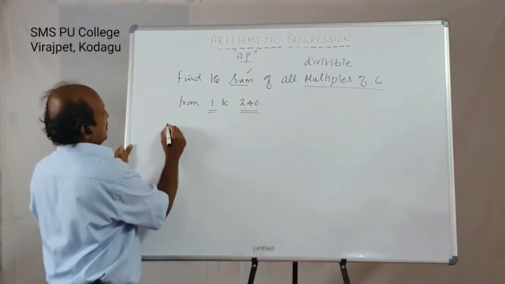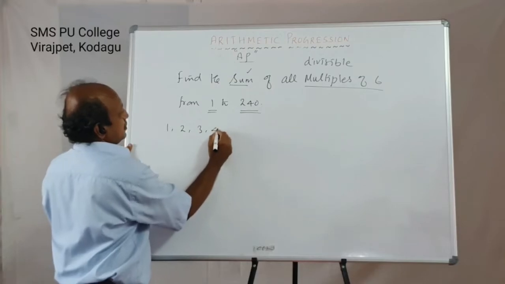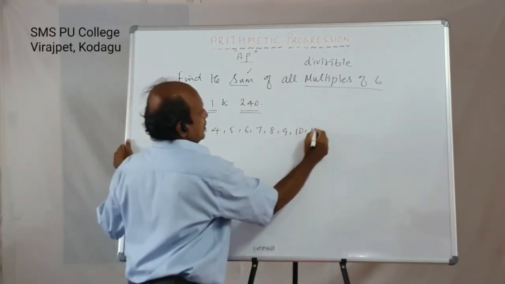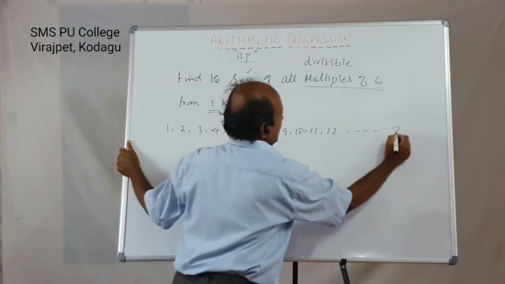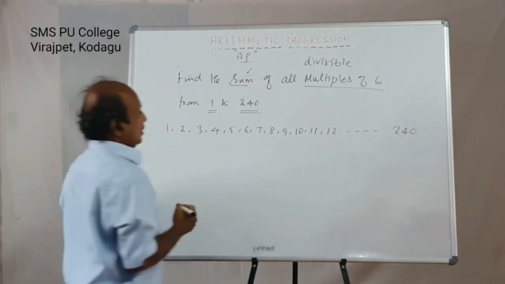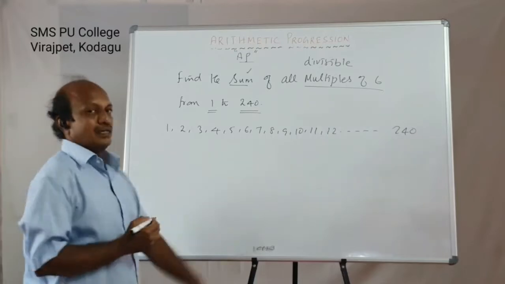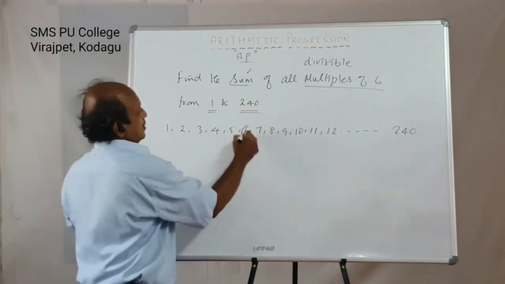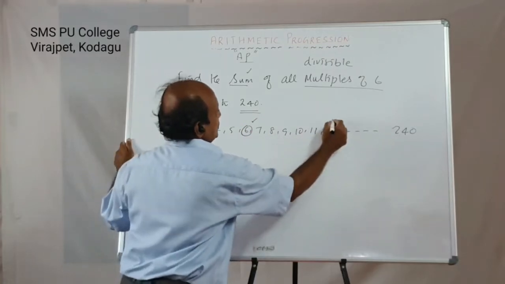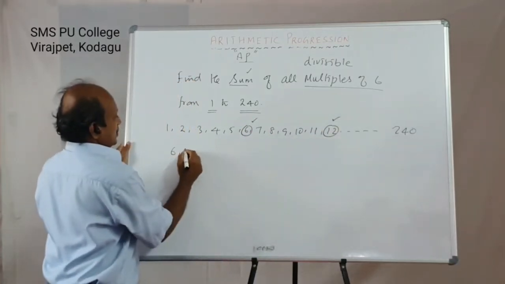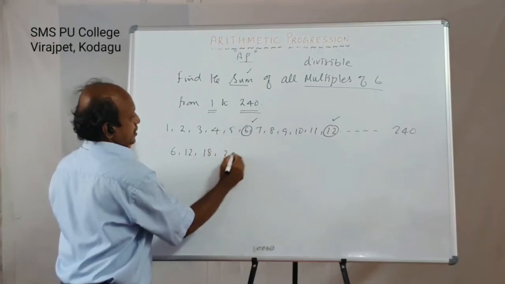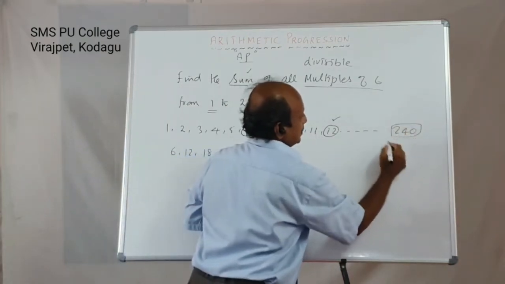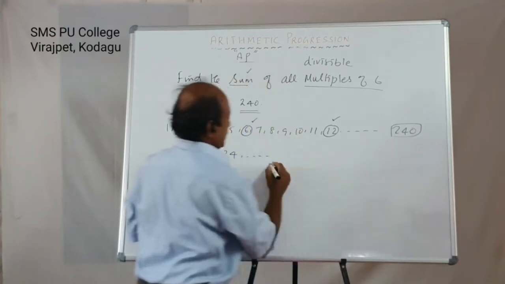That means the numbers are 1, 2, 3, 4, 5, 6, 7, 8, 9, 10, 11, 12 and so on up to 240. First we have to select the numbers which are multiples of 6. The first number is 6, the second is 12, then 18, 24, and the last number given is 240, which is divisible by 6.